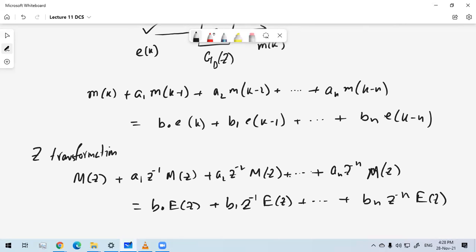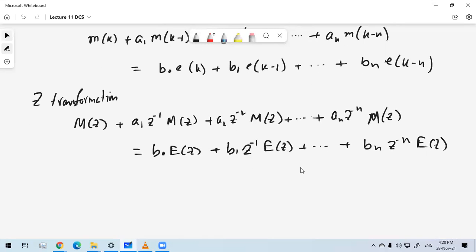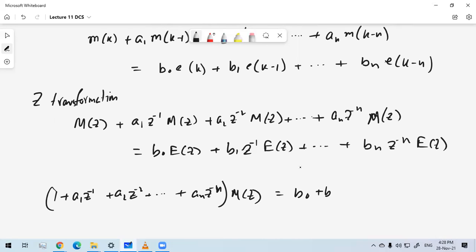Now we can take M(z) and E(z) common and tweak it a bit. What we get is 1 plus a1 z inverse plus a2 z to the power minus 2, up to an z to the power minus n, times M(z), equal to b0 plus b1 z inverse, up to bn z to the power minus n, times E(z).